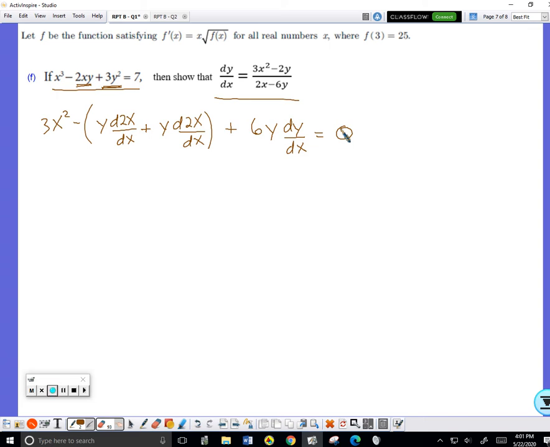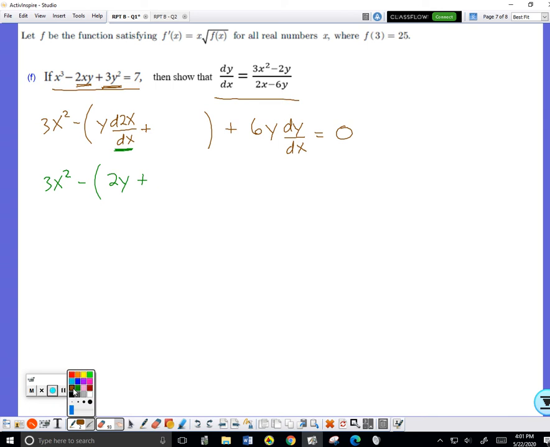This problem is worth 2 points. I've got to get a little bit further. One more step and they'll give you the first point. So we have 3x squared minus derivative of 2x is just 2. So this is going to be 2y plus, I just saw my mistake, so that's good news that I noticed. Doesn't help to do the same thing twice. That's what I should have had written there.